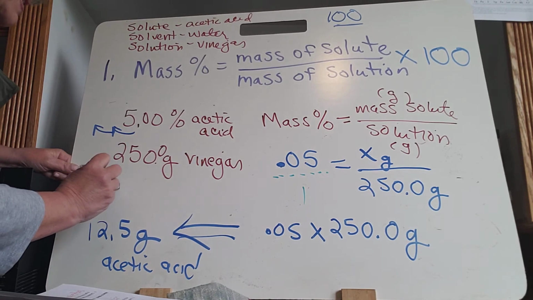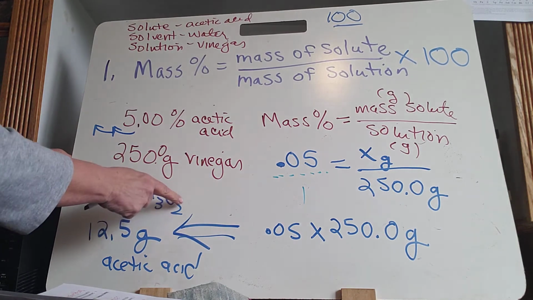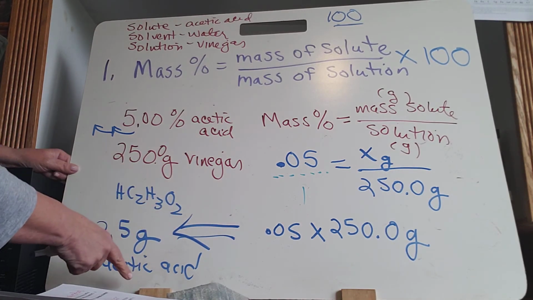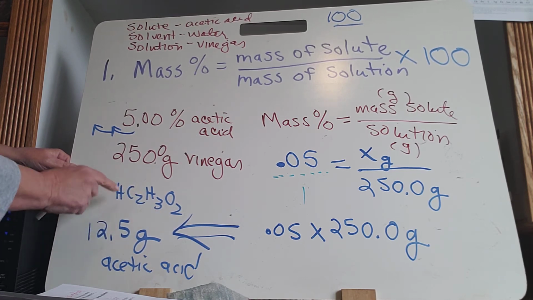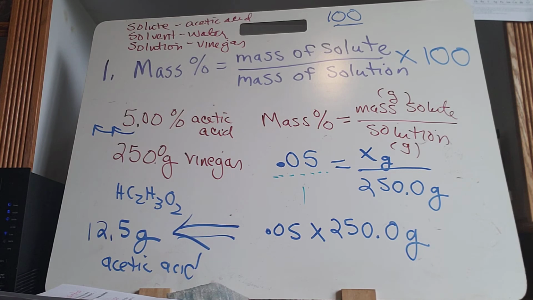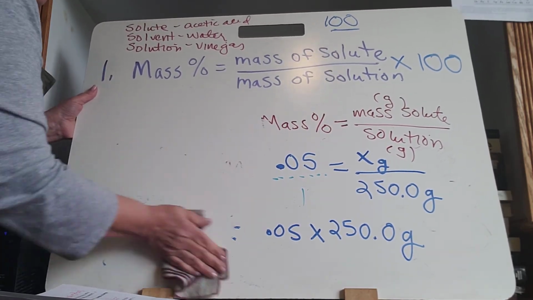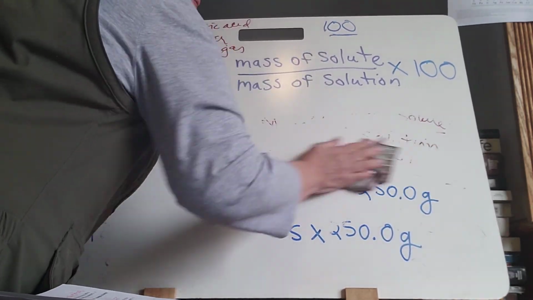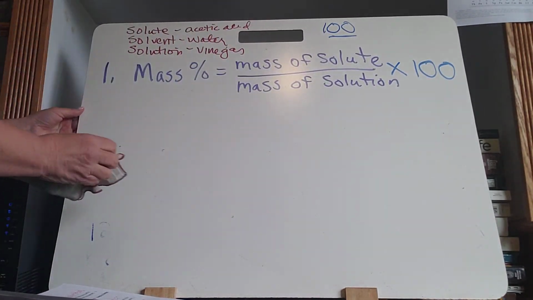And you guys know acetic acid as this, because there's acetate, and we add the hydrogen, because the acetate is a negative one, so that's my formula. So 12.5 grams of acetic acid. We're going to do one more problem like that, number 5. I want you to go ahead and set that up.